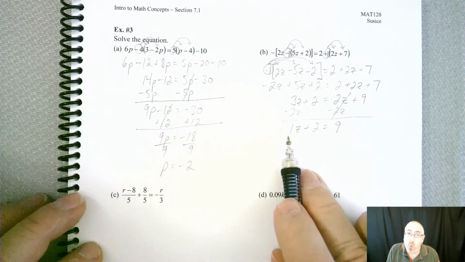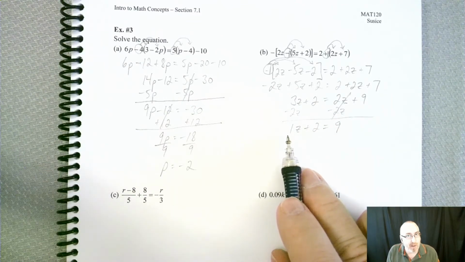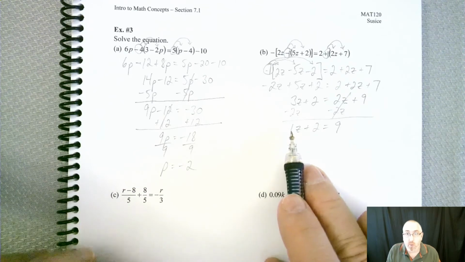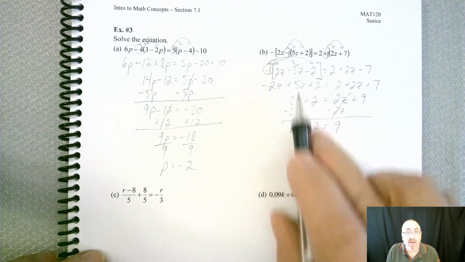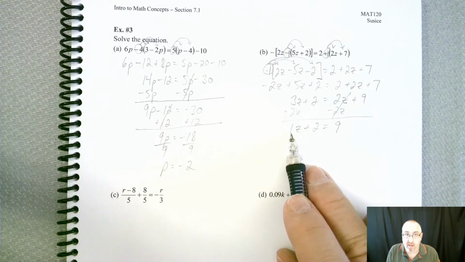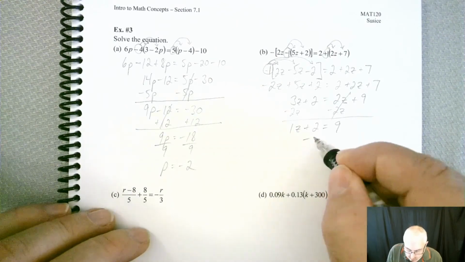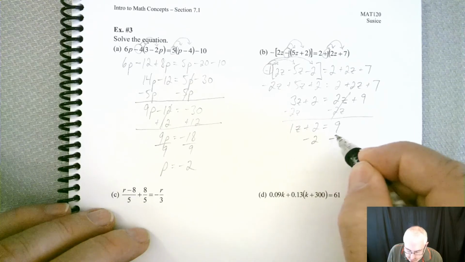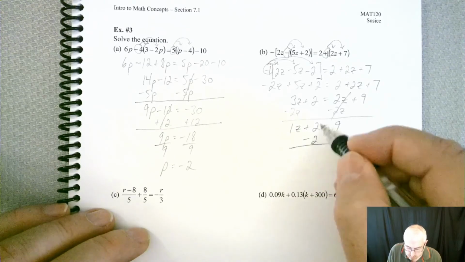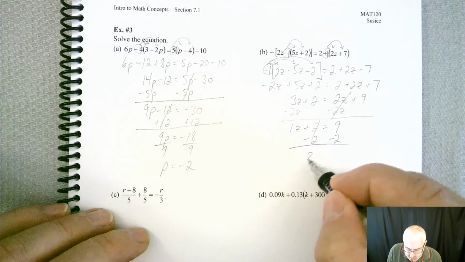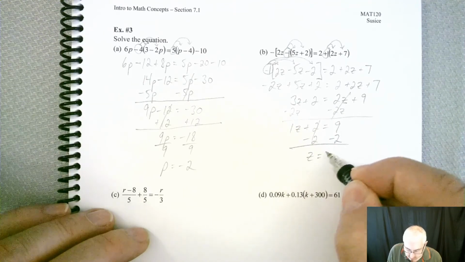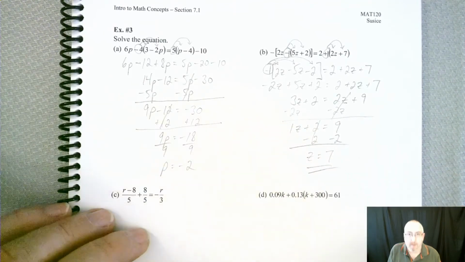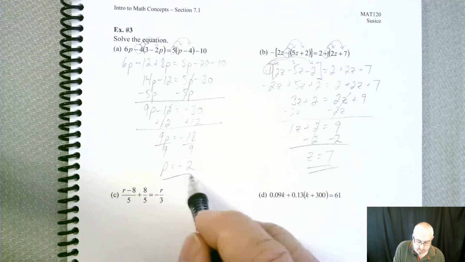Now, when there's a 1 in front, we don't need to keep it. So just like how we added it in, we can take it out when it's just a 1. So the only thing left now is to subtract that 2. So 1z becomes a z. 9 minus 2 is 7. So there's our answer.